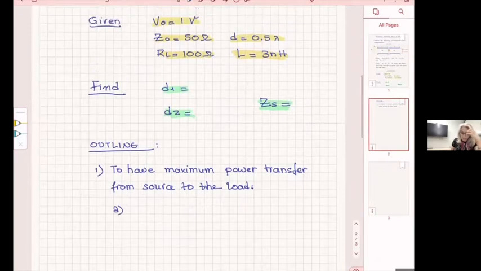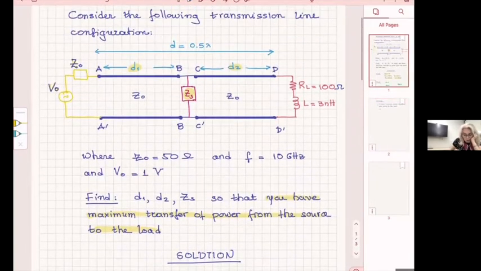A, what do I know from circuits? Under what conditions is maximum power transferred from a source to a load?